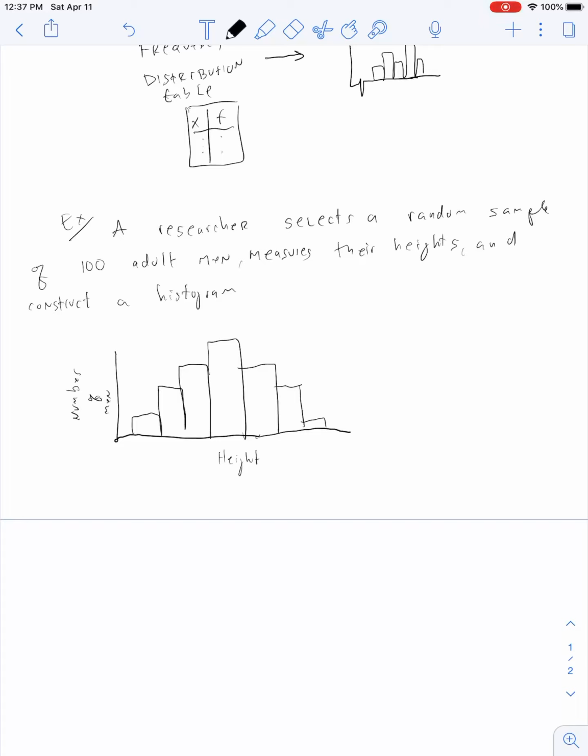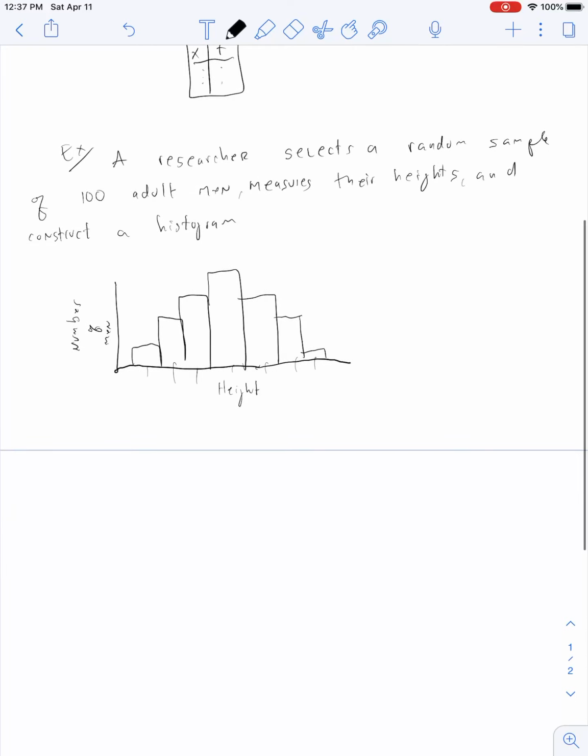So what would happen if he increased the sample, or measured more men? Here, as you can see, we have 1, 2, 3, 4, 5, 6, 7 different heights. But if our sample size increased, what would happen with the heights?